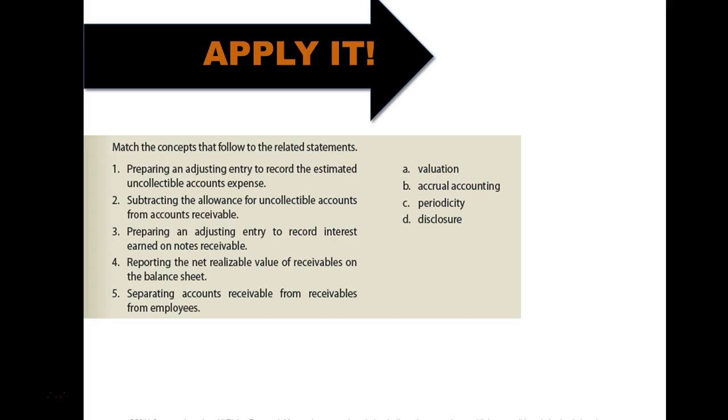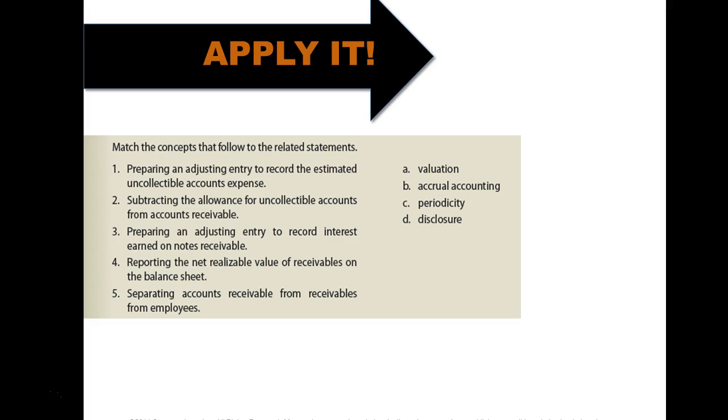Next, subtracting the allowance for uncollectible accounts from accounts receivable. By doing that, what are we trying to accurately show on our balance sheet? The true valuation, right, of what it's really worth.